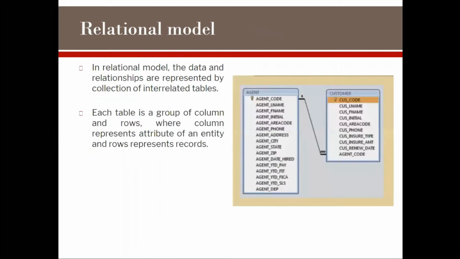Okay, so the first model that is there, that's known as relational model. The word relational, as we learned in our previous lectures as well, in database means storing data in the form of tables, and these tables consist of rows and columns.